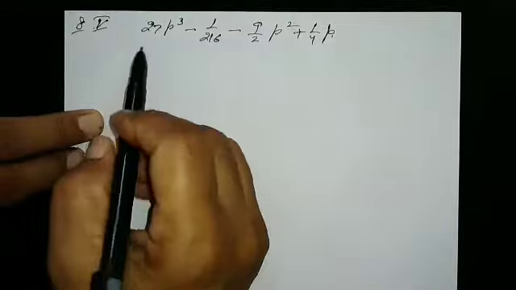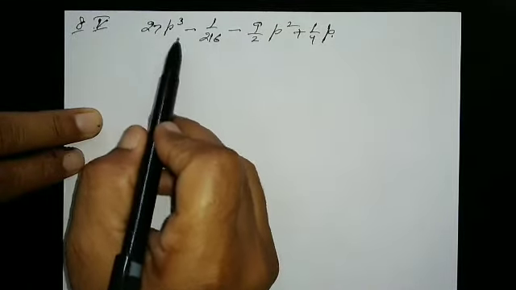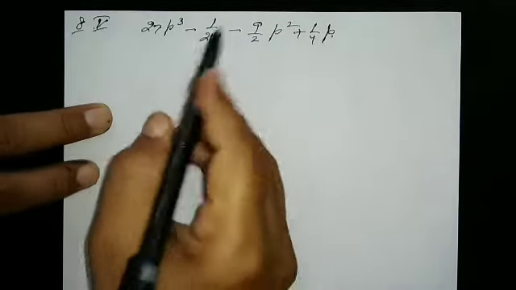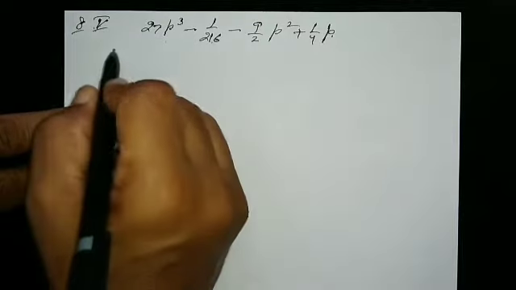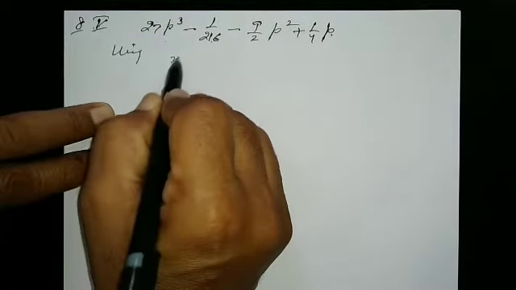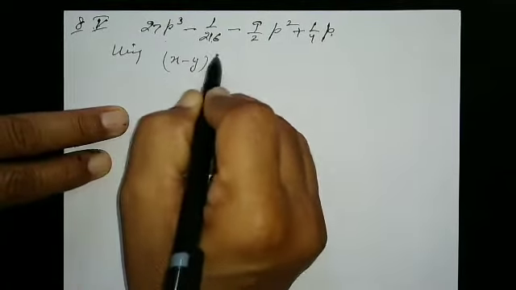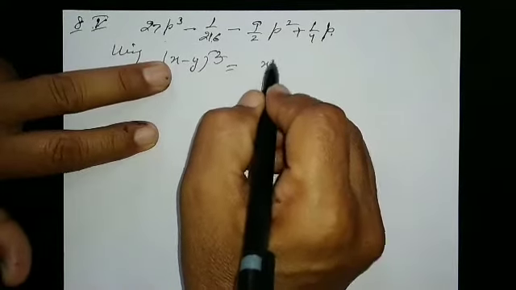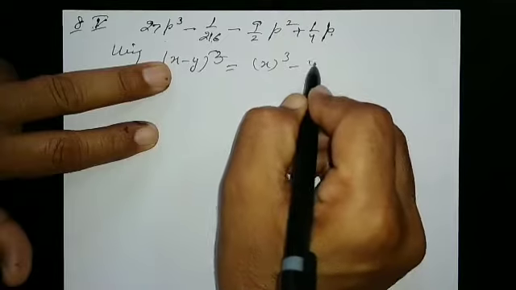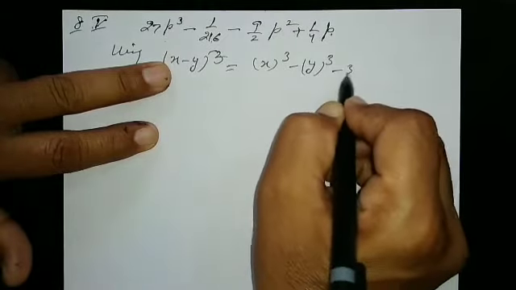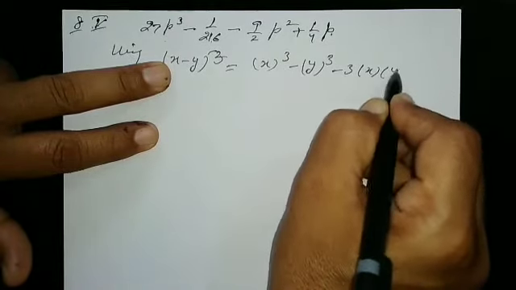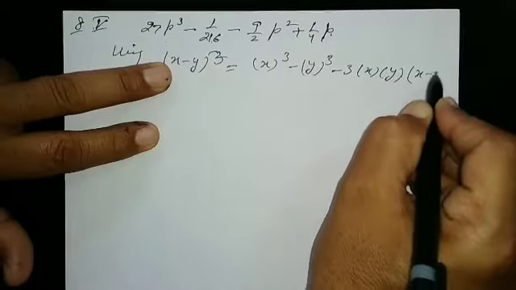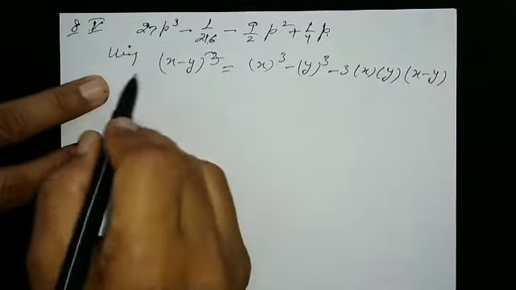And we see that here two terms are cubic and with a negative sign, so the identity may be this: (x − y)³ means cube of first, minus cube of second, minus 3 into first into second, and first minus second.